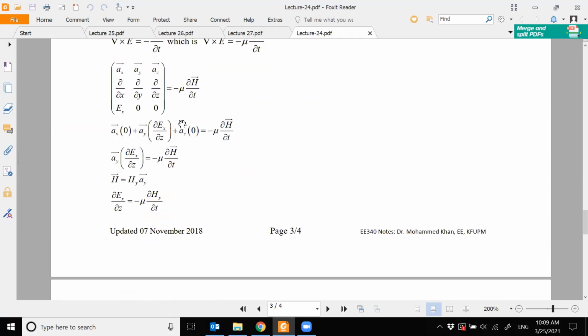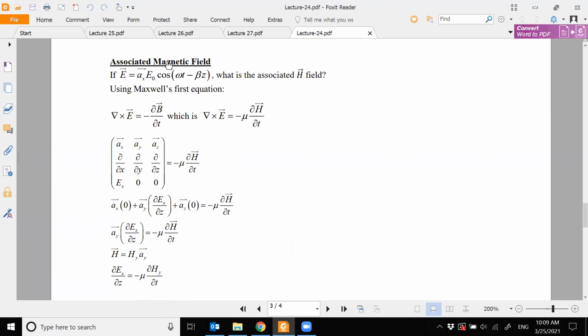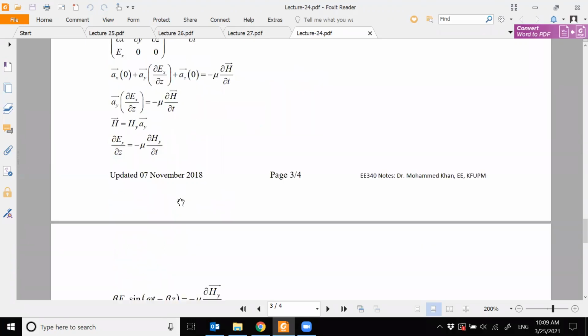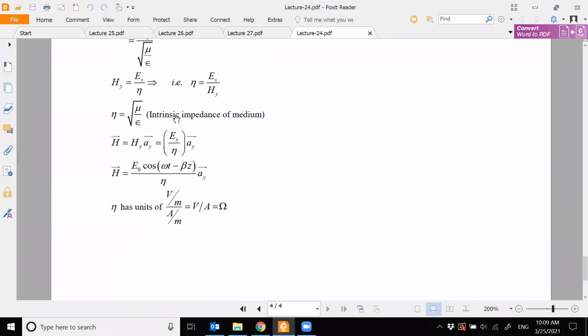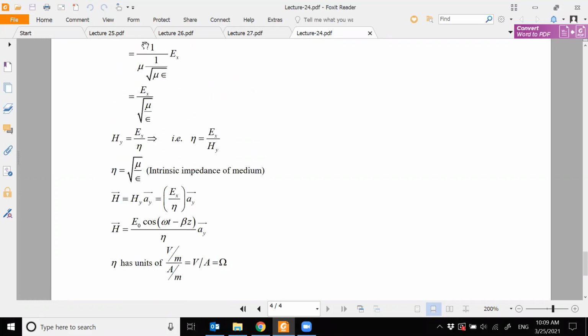See here? So this is my Ex. I would not say magnitude, I would say the expression, because now we have the traveling wave. So this is your magnetic field. And this eta is the intrinsic impedance, which is in ohms.